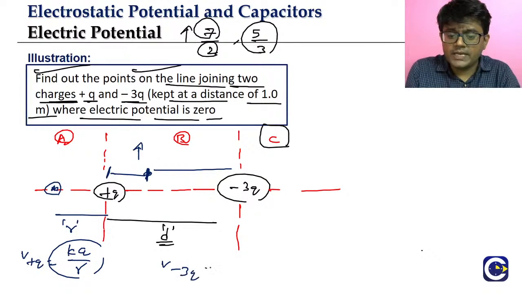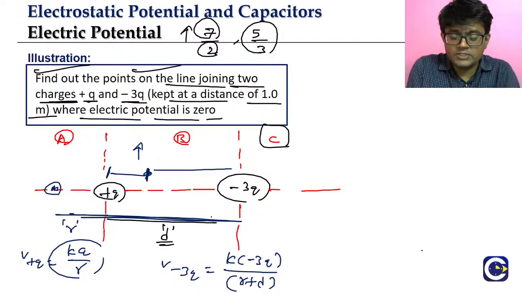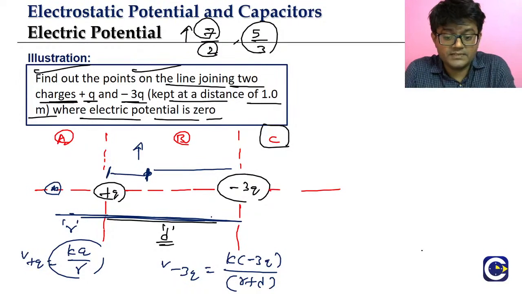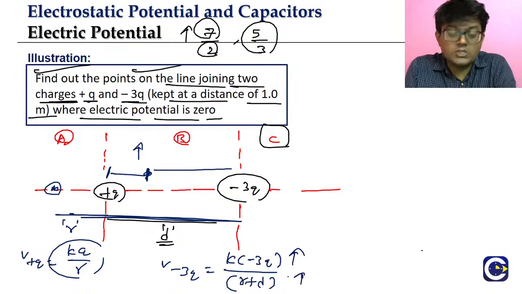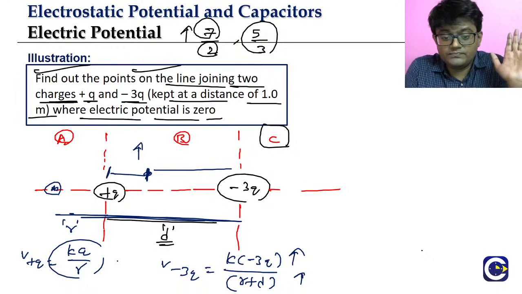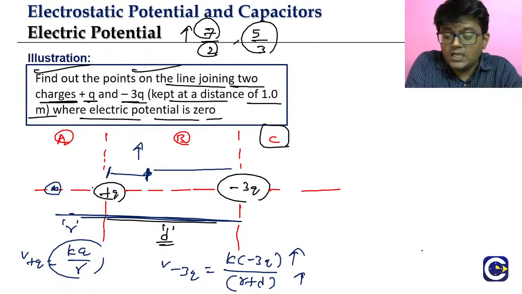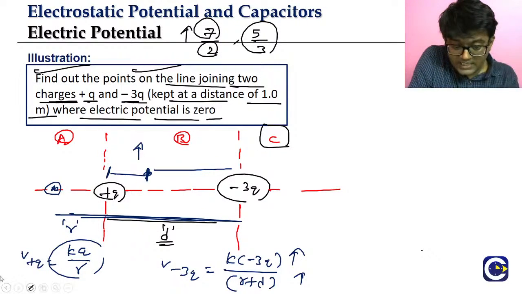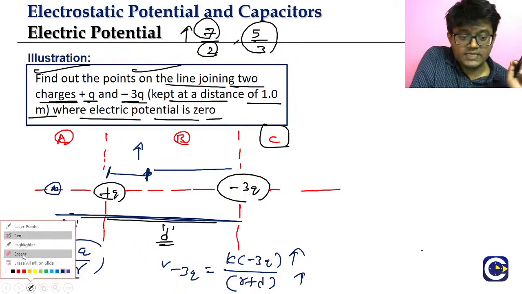The potential because of minus 3q is k into minus 3q by r plus d, since the distance from minus 3q is r plus d. Here the numerator value is higher, and the denominator is also higher. So for a particular point, this value will numerically match the other potential value. So we have a chance of getting a 0 potential point on side A also. So it's a very standard result.